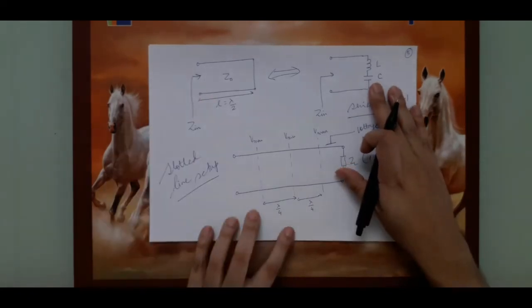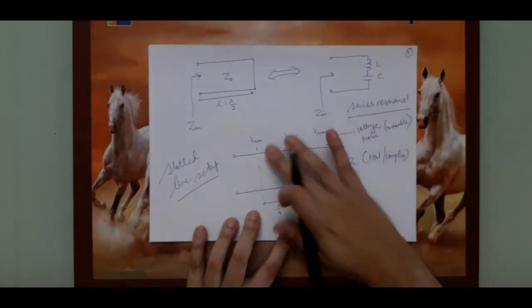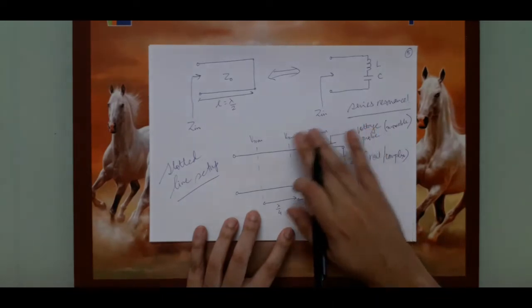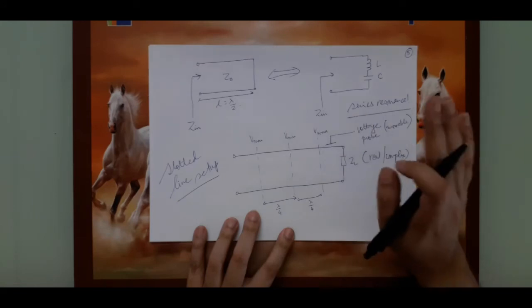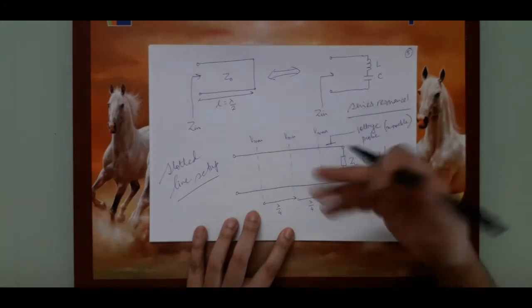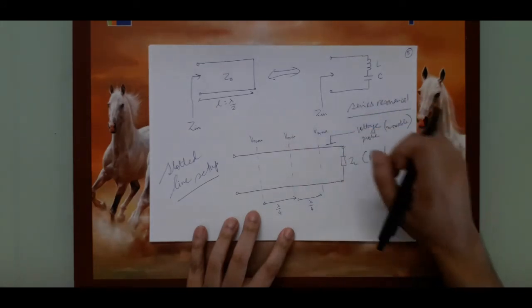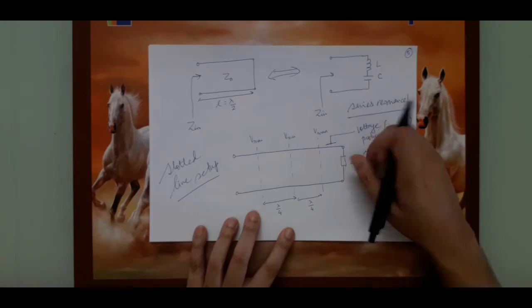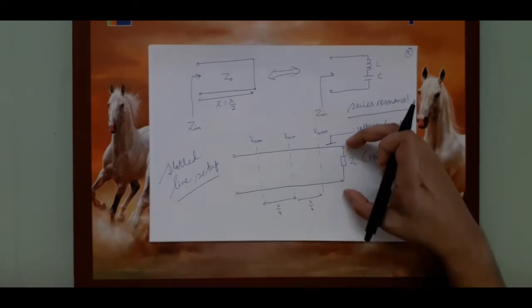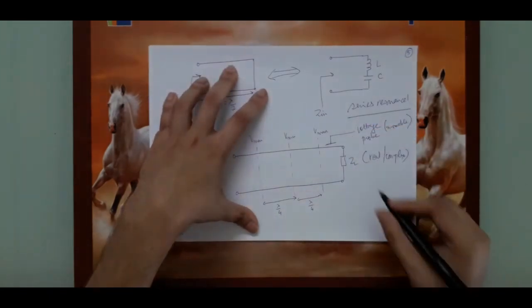So now let us ask ourselves, if I can measure these voltage maxima and minima, where the load is not physically accessible to me, can I know the value of the load, or the type of load?